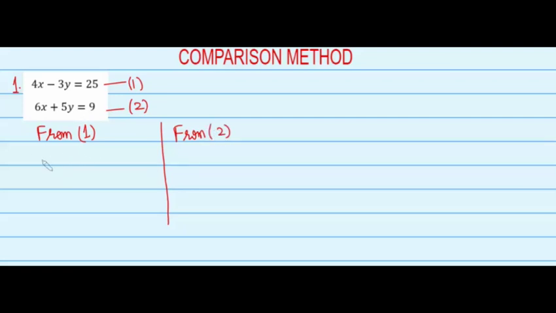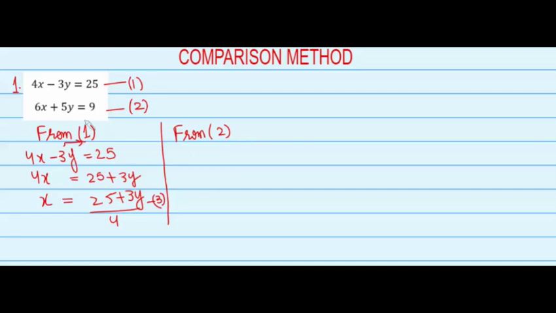From equation 1 we have 4x minus 3y is equal to 25. So making x the subject, shifting this 3y to the other side, negative 3y, so it becomes 25 plus 3y. Now dividing both sides by 4, we get x is equal to 25 plus 3y over 4, right? So this is equation 3.